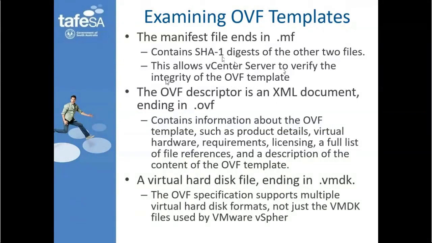If you don't know what a SHA-1 digest is, it's basically a way of checking that the file integrity hasn't changed. So if you think about it, if I have a file, all just ones and zeros, I perform an algorithmic function on it, I should get an answer, right? If I then send you the files and you perform the same algorithmic function on it, you should get exactly the same answer, shouldn't you?